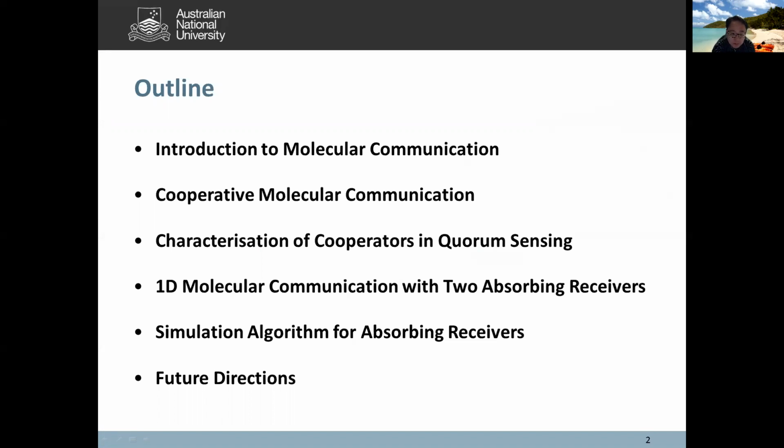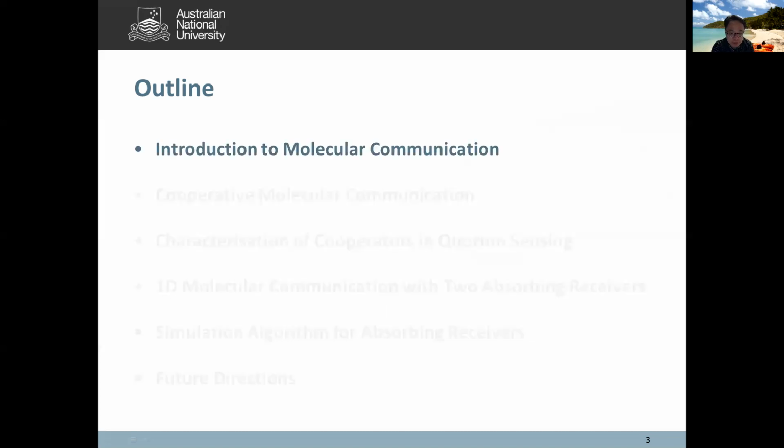And then I'm going to introduce a recent work on one-dimensional molecular communication with two absorbing receivers. After that, I'm going to talk about the simulation algorithm for absorbing receivers. And finally, I will bring a few future directions to trigger future collaboration and future works to extend my existing contributions. So let's start with the introduction to molecular communication.